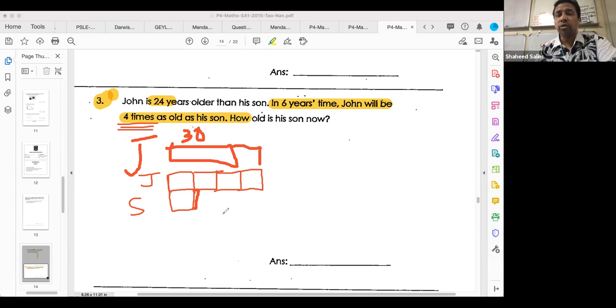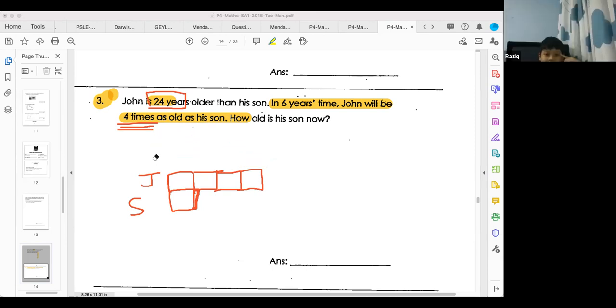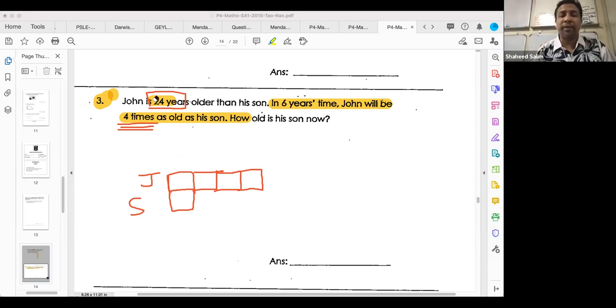4 times. So now the difference in age does not change. So where is 24? Can you label 24 on my drawing? Remember the 24 that doesn't change? The difference doesn't change between the two persons.